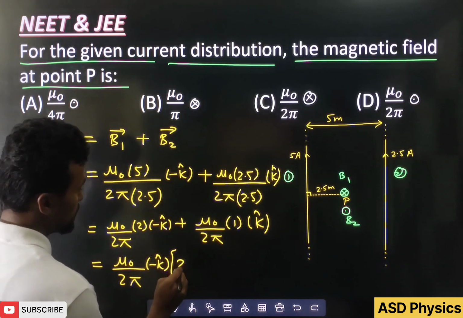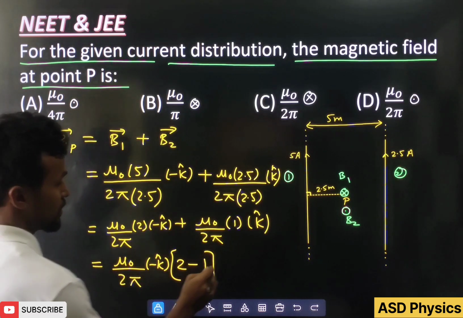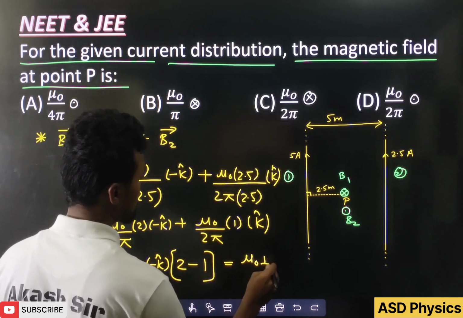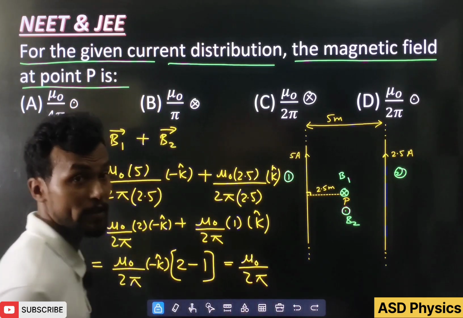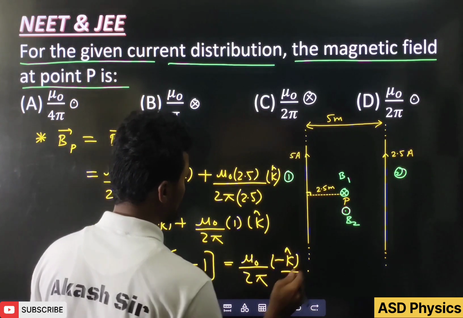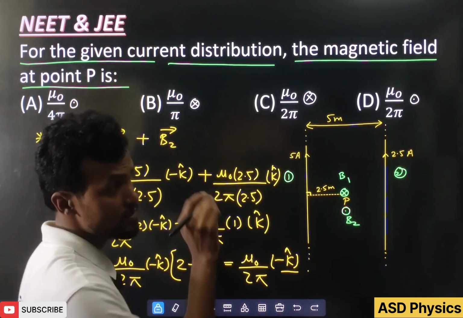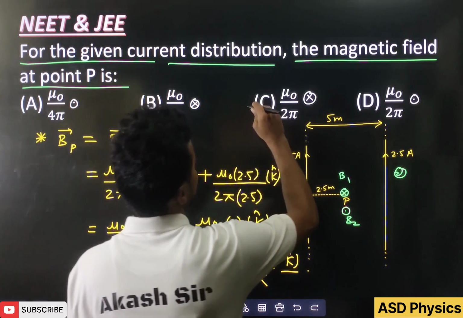So minus K cap common means here 2, and here K cap was there, so we have to write minus 1. Kindly see, students, mu naught by 2 pi minus K cap, and 2 minus 1 will become 1. And minus K cap means cross, inside, magnetic field inside. So mu naught by 2 pi inside. This is the correct option.